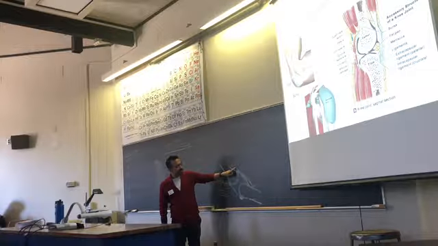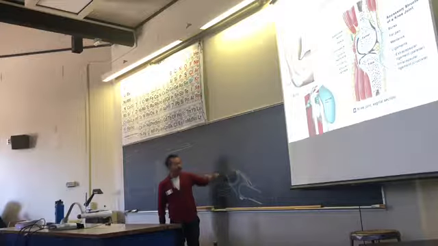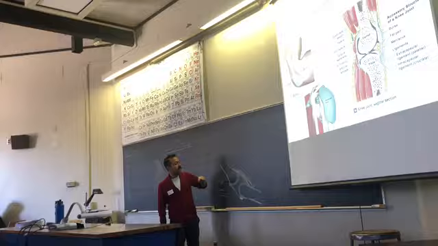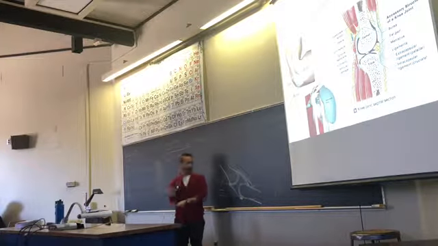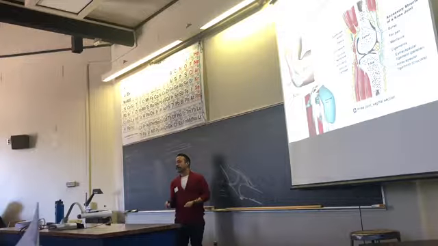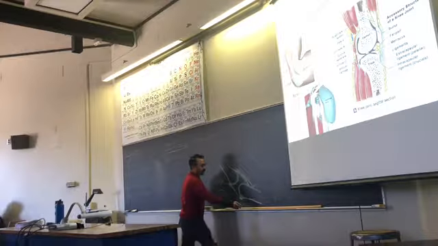Let's say at this part of the joint, there's a lot of friction. The ligaments are rubbing over, and maybe you hit it a lot. So we need a way to protect this area too.